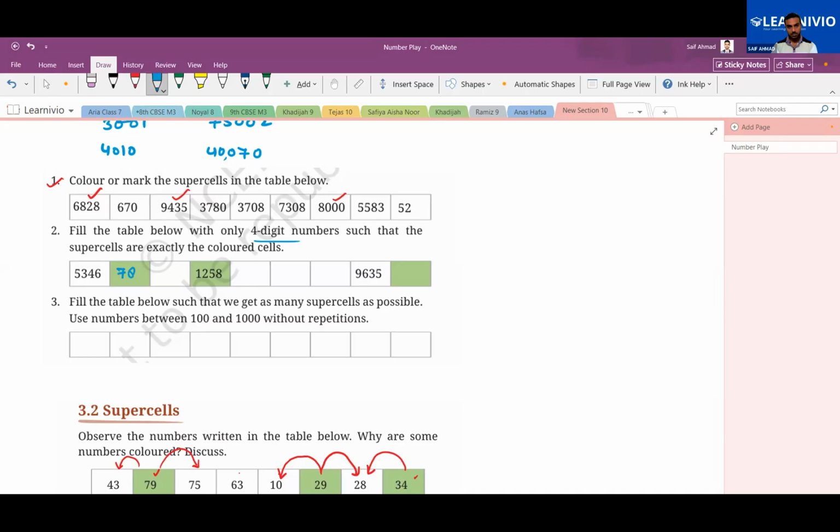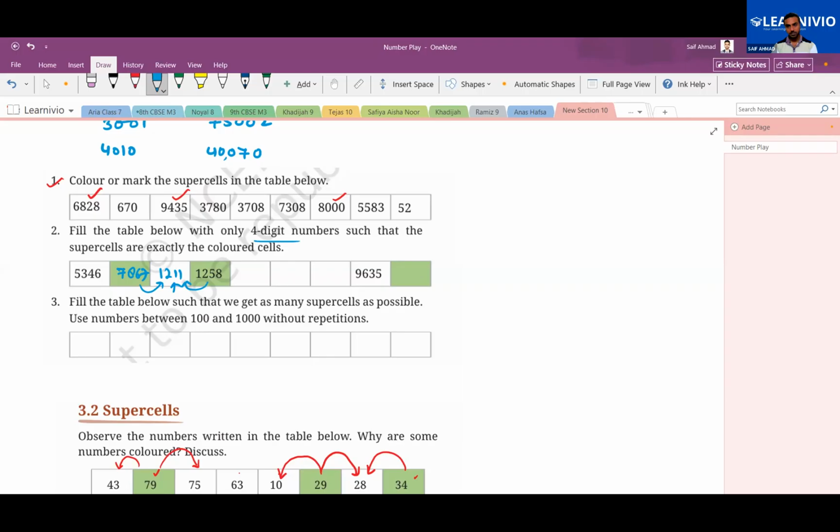The third one, 1211. Why did you put this number in the fourth? Because it should be less than this number and this number. Okay.